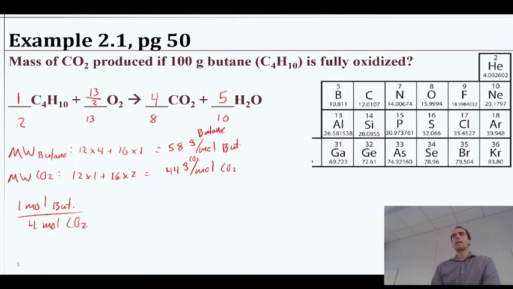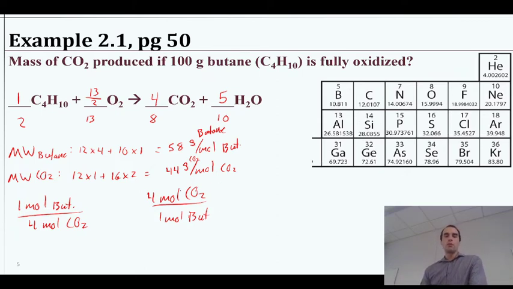Or if we're looking at it the other way around, we could say we will produce 4 moles CO2 for every 1 mole butane. Because we are writing out the full units there, specifying which kind of moles we're dealing with, we can just flip it, and it actually makes sense. So depending on which way you need to compare it, it'll work out.